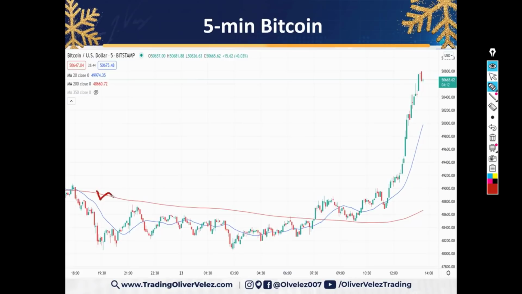But in truth, the 200 in particular is more of like a zone. You've got to look at it more like a zone, almost like a rope that has leeway. So it's really like this. If I were to create my own trading platform, the moving averages would look like that, with the line running in between.